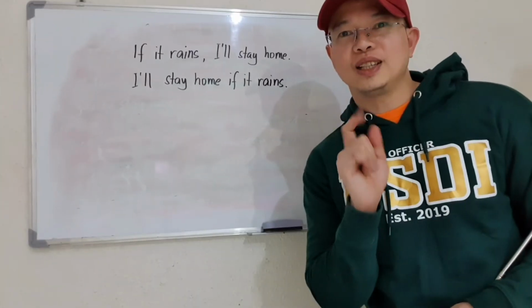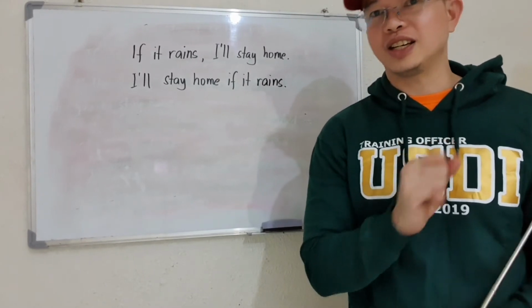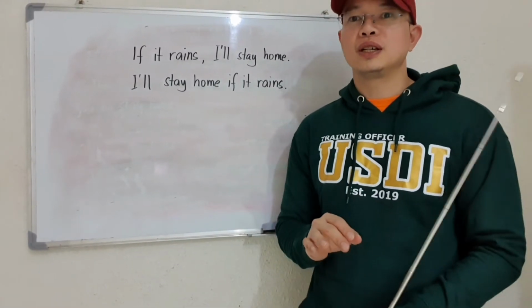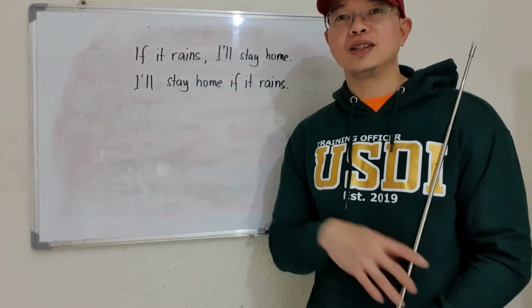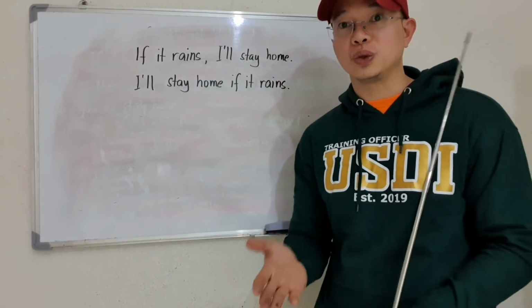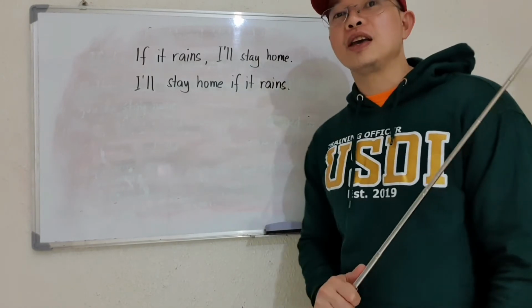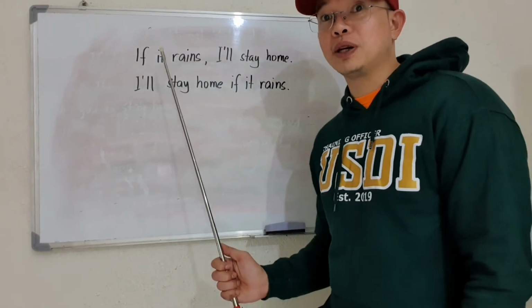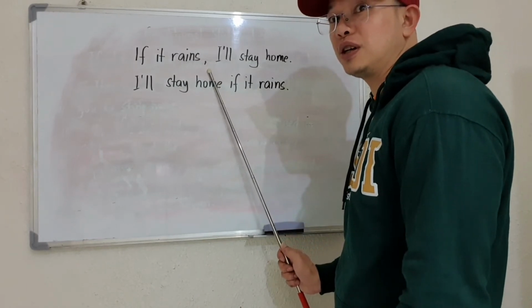One more thing, some technicalities. All right, so when it comes to written language, by the way, and informal, because I'm using I'll here, although you can use the formal usually in the written language anyway. So if the if clause is in the first part of your statement, as you can see, there is a comma after the if clause.